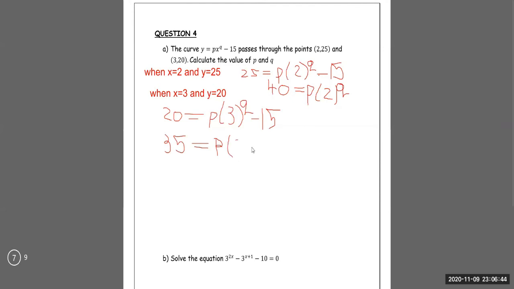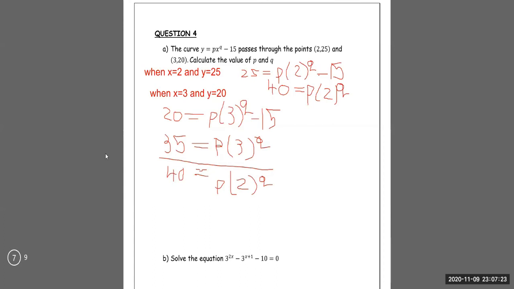Now what we can do is divide the equations. If I were to divide the 35, p times 3 to the q, by 40, p times 2 to the q, sir, you'd get 3q over 2q is equal to 35 over 40.